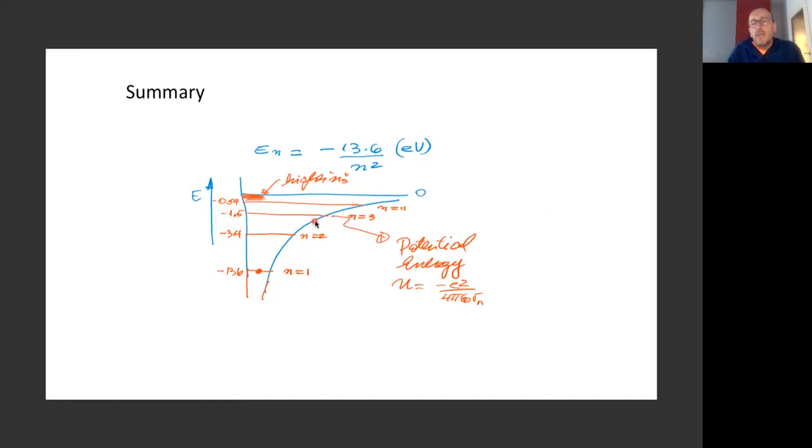But when we do the quantum mechanics of this system, we find out that in this level, we can build the ground state out of two states, because we have the possibility of having the spin of the electron, which plays a role. So we can have a ground state with spin up or spin down. There are different states. And something similar, also including angular momentum, happens with this level at minus 3.4. So each one of these levels can have several states.